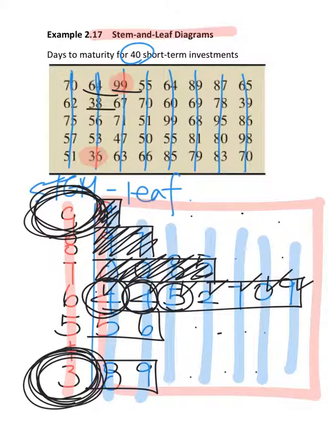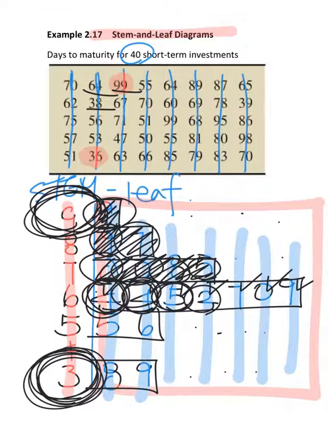And then you put the leaves one by one in each column to make the shape. So that is the stem and leaf. Any question? Okay.